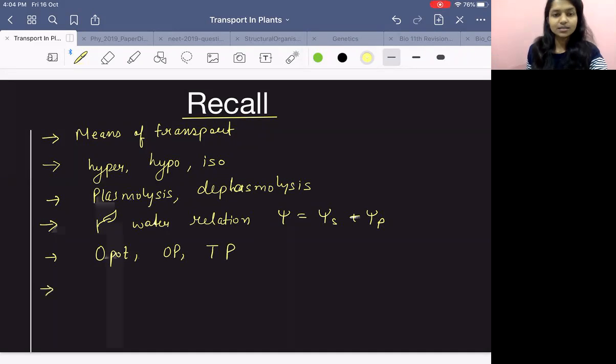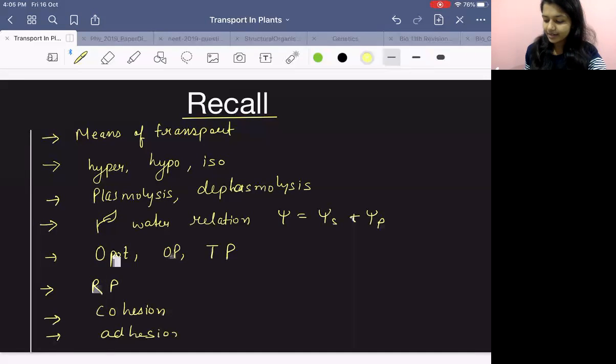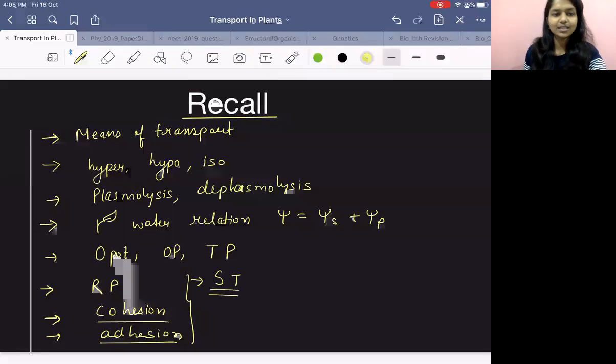There were so many terminologies which we had learned, like root pressure, then properties of water, cohesion, adhesion. You remember it, right? Surface tension, all these things we have already learned.